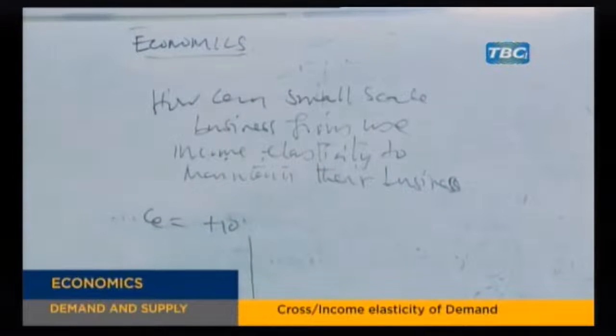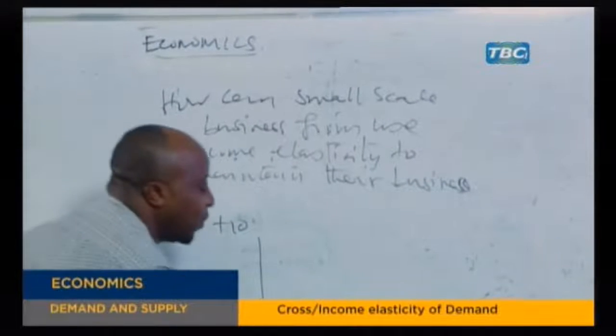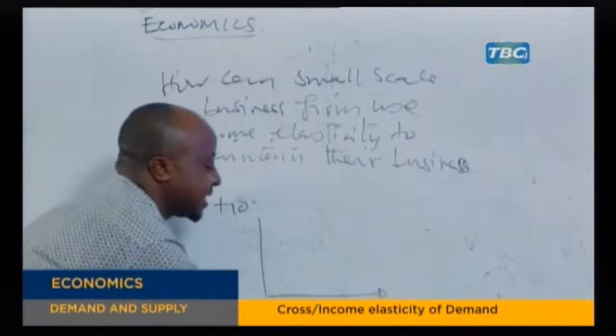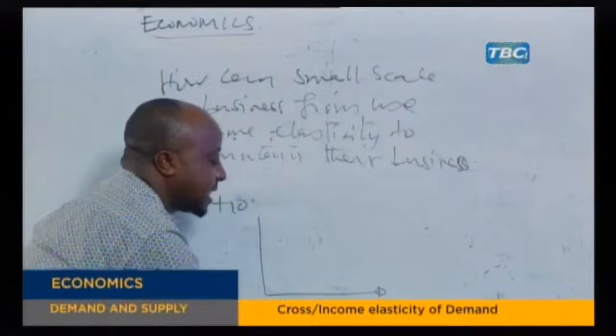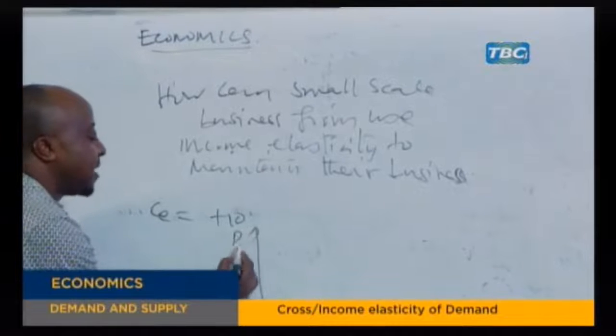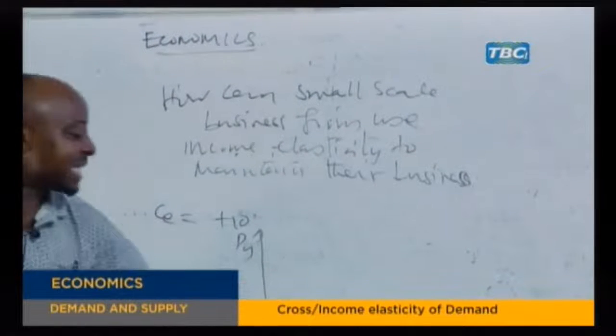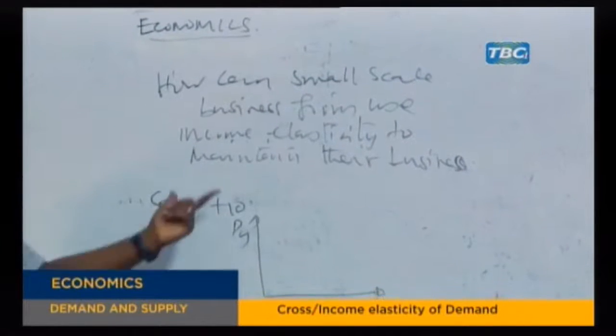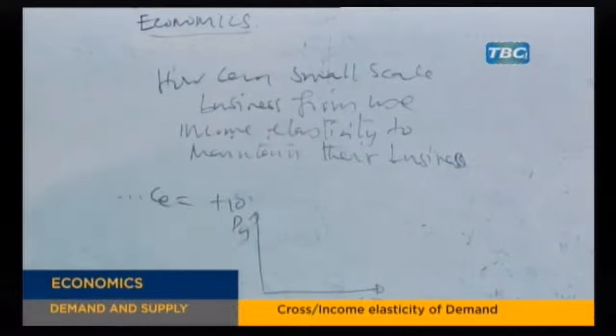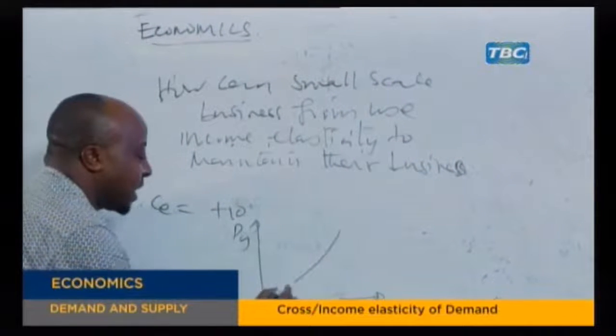It means if that good has been explained there, maybe we have good X, these are the quantity of good X, then we'll have maybe the price of Y. Now, if the cross elasticity is positive, any positive number, and I've told you to represent it in a graph, our graph, as I said, will look like this.